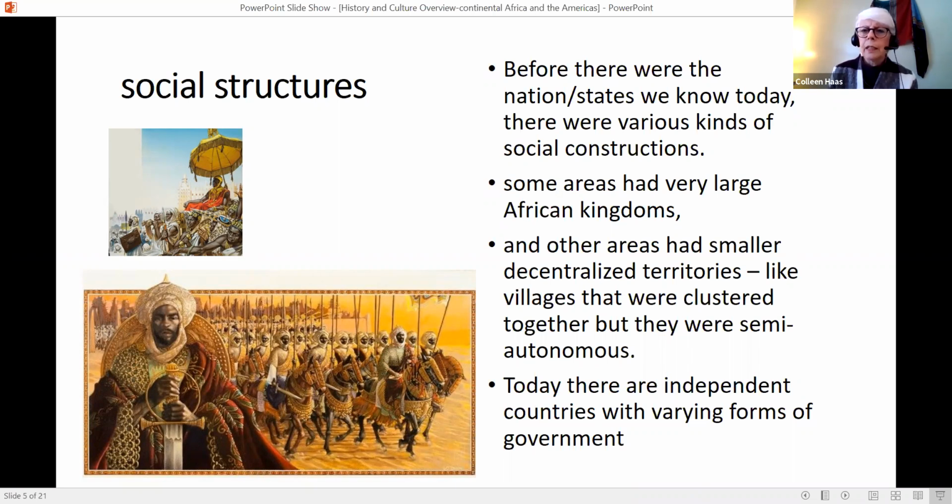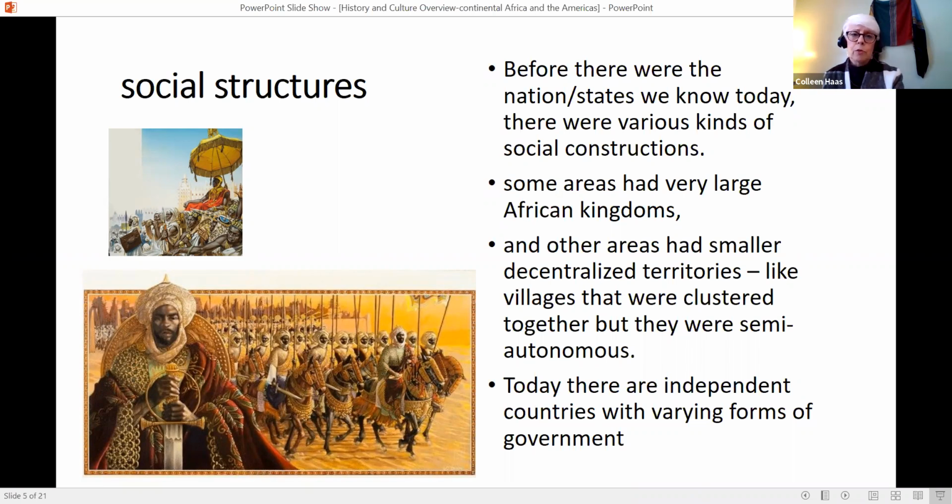They were considered kingdoms. And some of them were quite prosperous and very developed. They had militias, they had military, they had systems of judgment like courts for criminality. They had a social hierarchy. Not everybody was the same. They had African elites and then servant classes. So they were socially stratified.